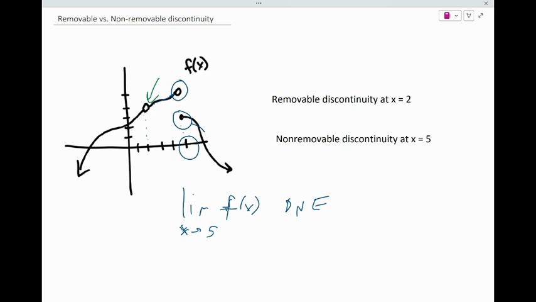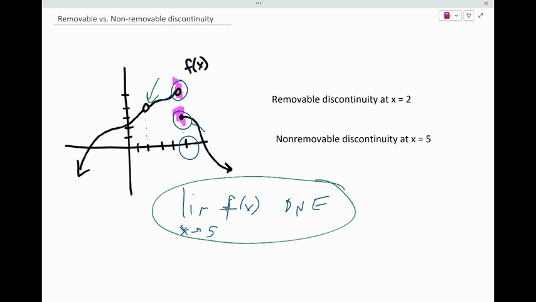Okay. So at the beginning of this section, we were talking about continuity. And for a while now, we've been sort of highlighting what's going on in a case like this, where we have these parts of the curve that don't come together. And at this point, we only have the language to say that the limit as x approaches 5 doesn't exist.